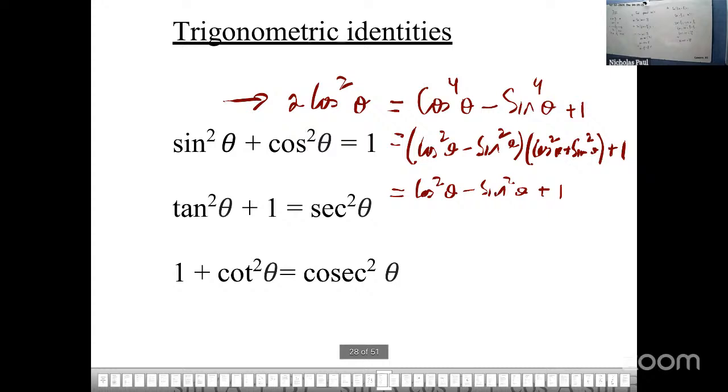Replace the one with sine squared theta plus cos squared theta. This will cancel and you'll get 2 cos squared theta. Or you can replace sine squared theta with 1 minus cos squared theta. Anyone could do it.